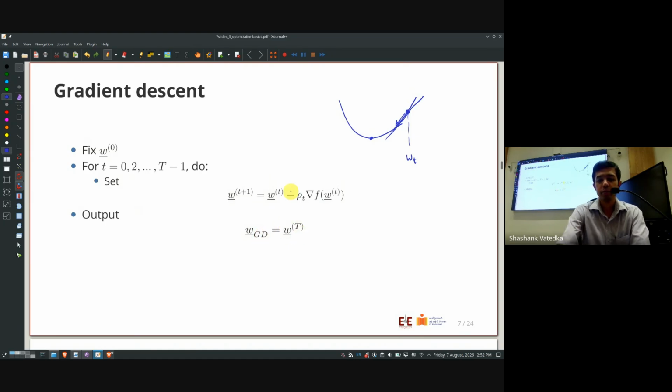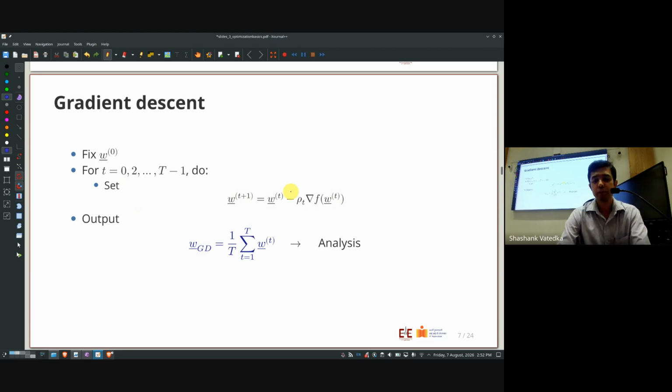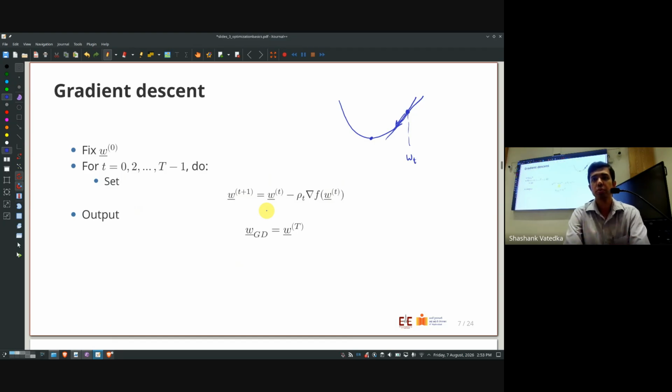Sometimes, for the sake of analysis, instead of looking at W capital T, you look at this running average, 1 over capital T times the summation from t equal to 1 to capital T of Wt. In certain kinds of proofs, it is sometimes helpful to look at this quantity rather than this particular quantity. So this is a heads up.